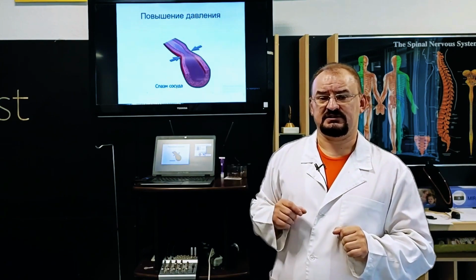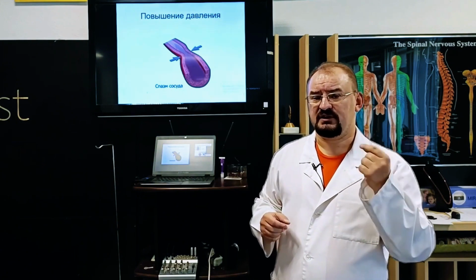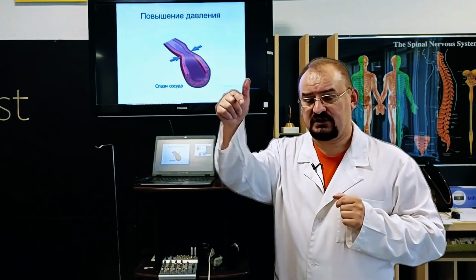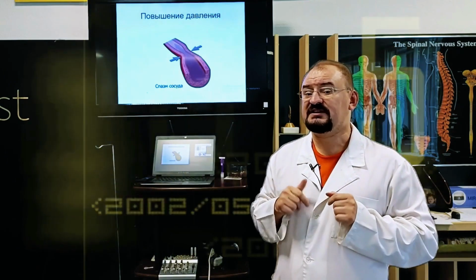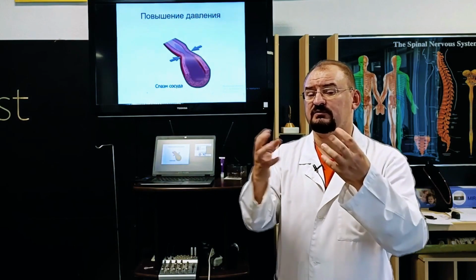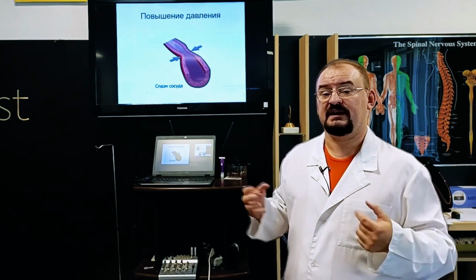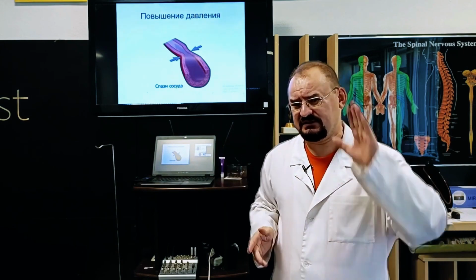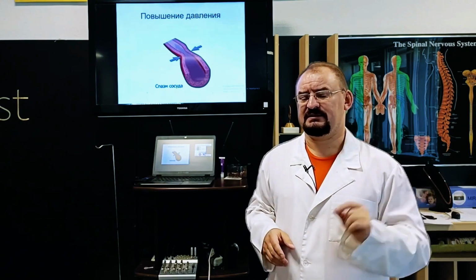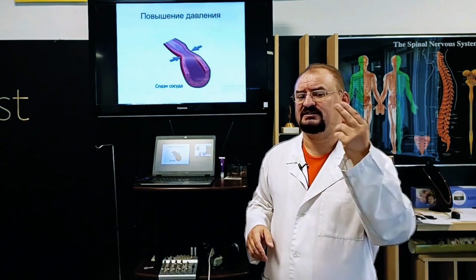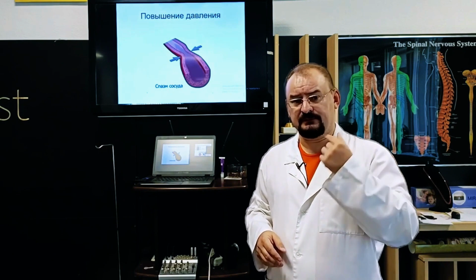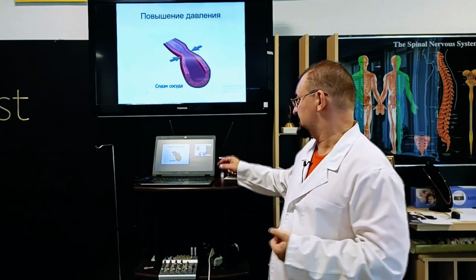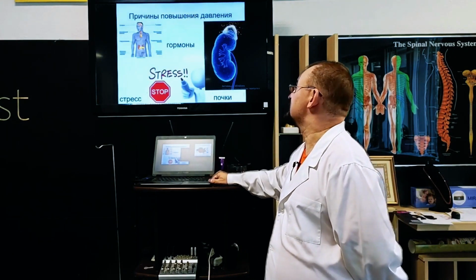And sometimes blood pressure can also rise when a person has more blood simply because the amount of salts in the blood has increased. Salts draw fluid from the tissues into the plasma, and the plasma in turn pulls fluid into the blood vessels. So one of the factors that can raise blood pressure is the saltiness of the blood. But this factor comes into play when our kidneys aren't functioning properly.